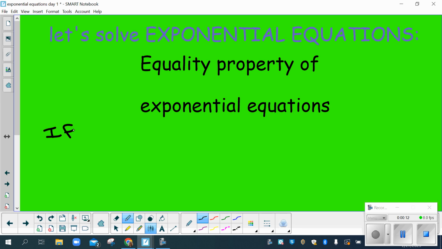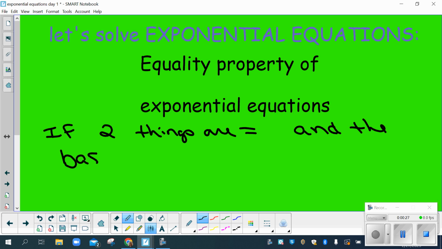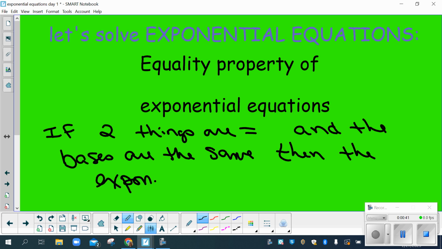If two things are equal and the bases are the same, then the exponents equal each other.